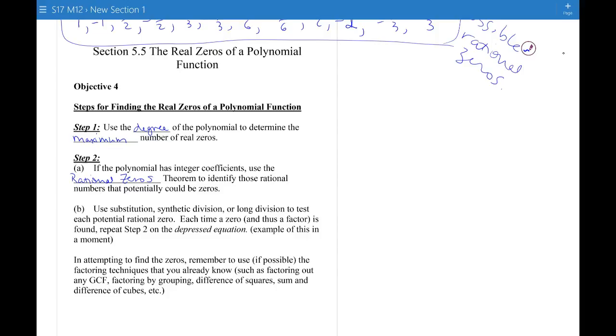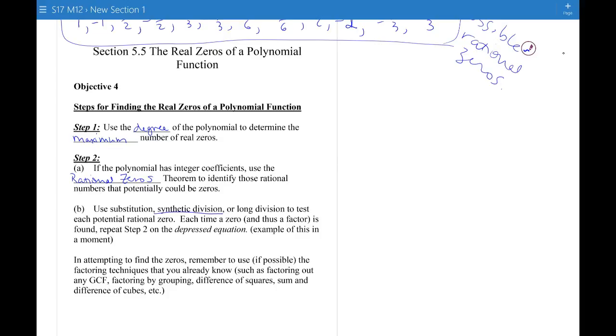Then either use substitution, synthetic division, or long division, I think synthetic division is the fastest, to test each of those potential rational zeros. And it works out really well if you get a group of people and you say, okay, you try 1, and you try -1, and you try 2, and you try -2, and you can share the work and then pool your results.